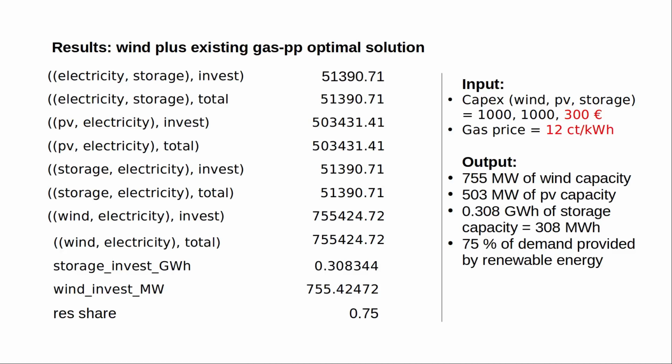Since we fixed this ratio, the input power capacity and the output power capacity both are equal to 1/6 of our installed capacity, meaning we have 51 megawatt of input power capacity and output power capacity for charging and discharging our storage system, which has 308 megawatt hours.